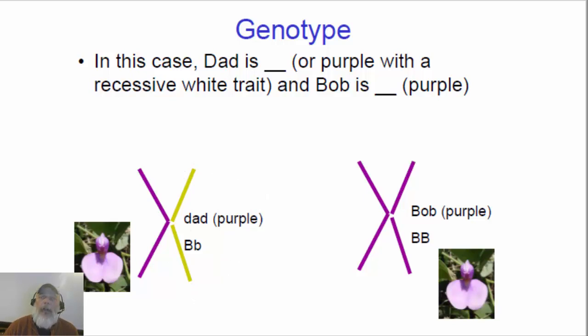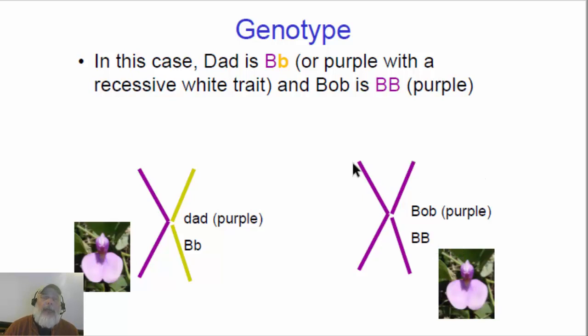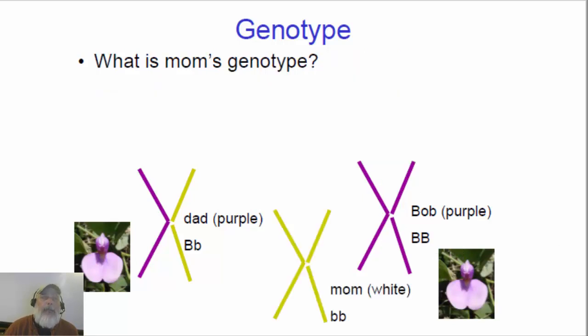So we're going to call that big B, little b. The big B is for the purple allele, and the little b is for the white allele, the recessive trait. Bob is purple, purple, so that's dominant, dominant. So big B, big B. Now let's take a look at mom. What's mom's genotype? Recessive white, recessive white. So we're going to call that little b, little b.